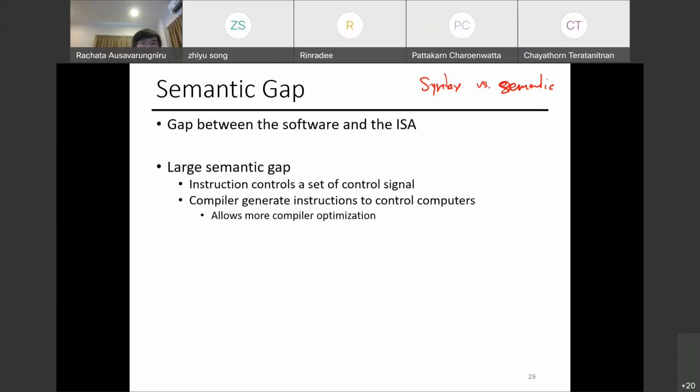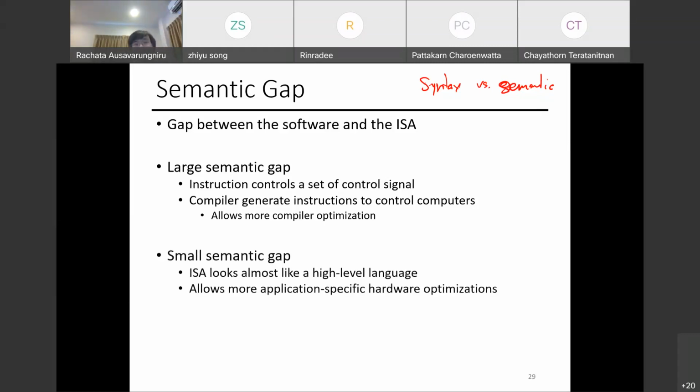You can have an ISA with a large semantic gap where the instructions basically control the signals. Like remember the ENIAC, right? Where you have to plug things into the machine to make it work. And then it requires a complex compiler to transform your program all the way to that ISA.